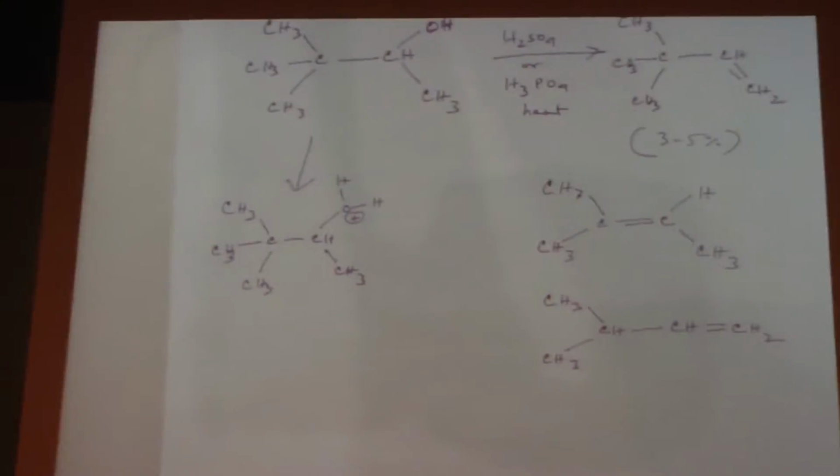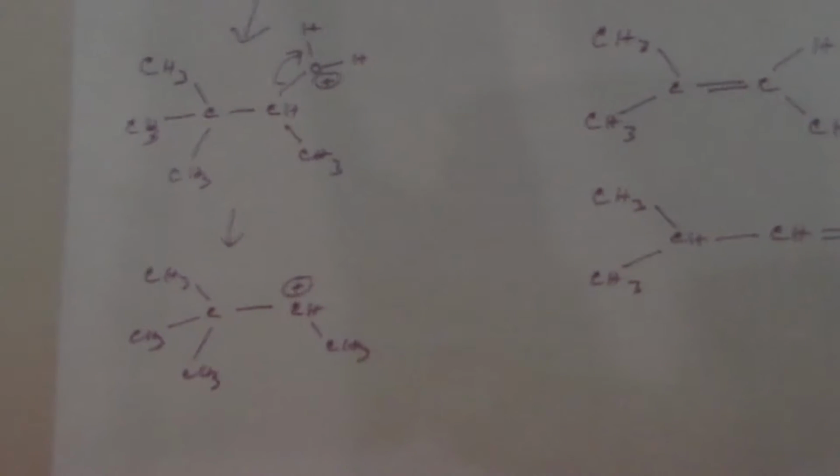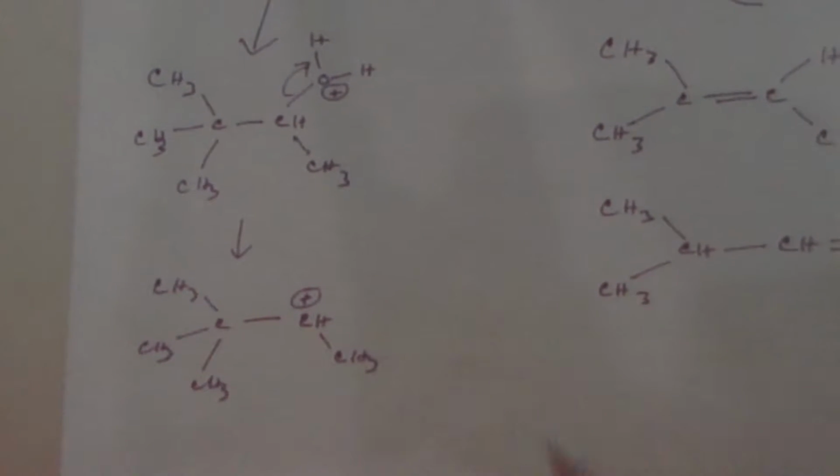All right. Subsequent step would be elimination of this alcohol and generating that cation that you would expect it to form. All right. This part, it's okay. And this is the one that would normally generate this product, as we expected.